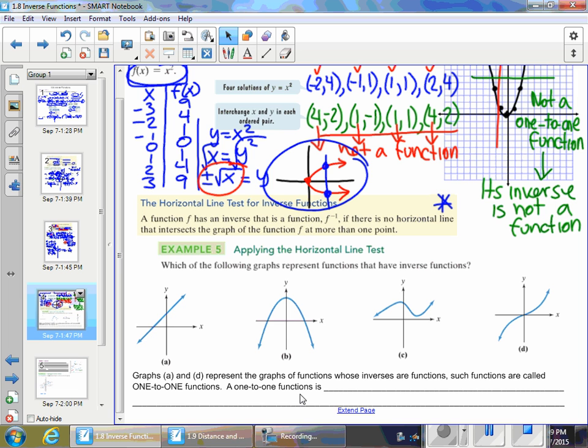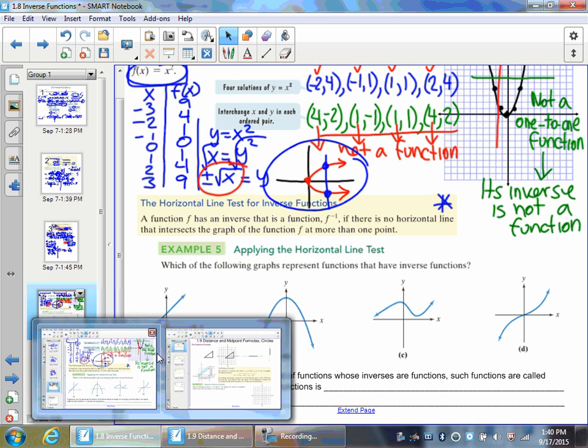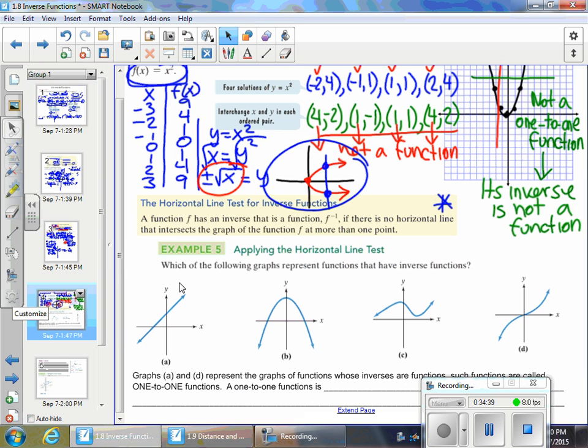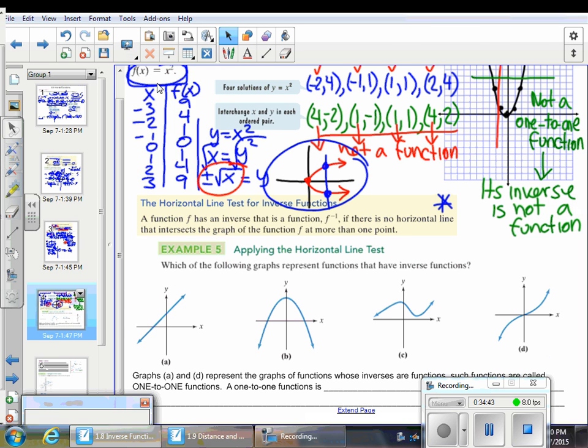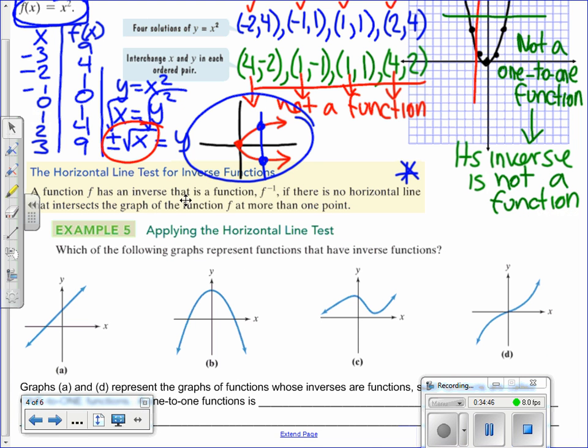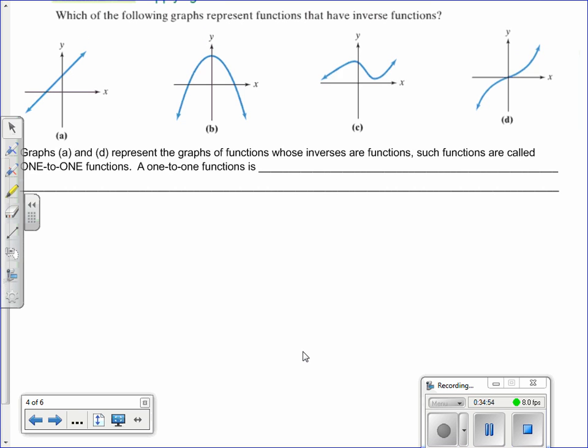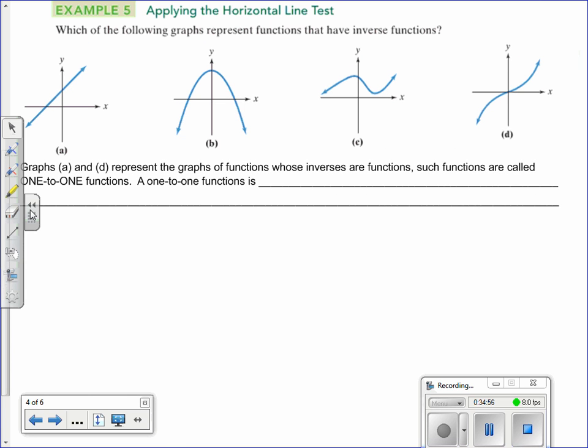So horizontal lines, please. I want to see all of you tracing a horizontal line. All of you, please. I know you're very smart and you can do that in your head, but if you don't trace the horizontal line, then you're not going to get the points.